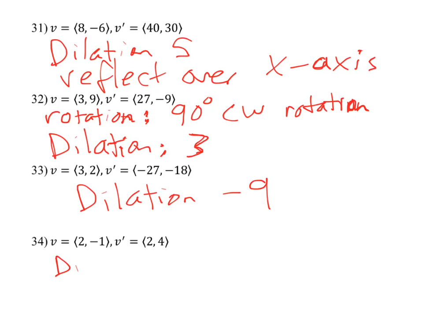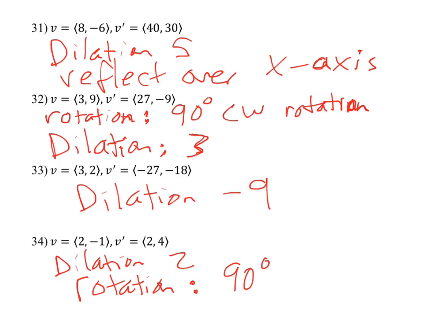So you can think of it as a dilation by a factor of 2. And since you change the order and change the sign, that's a rotation, which is going to be 90 degrees. And if you change the order, change the sign on the second one, that's just like the one up here. It is a clockwise rotation. And there you go. There's the rest of them.